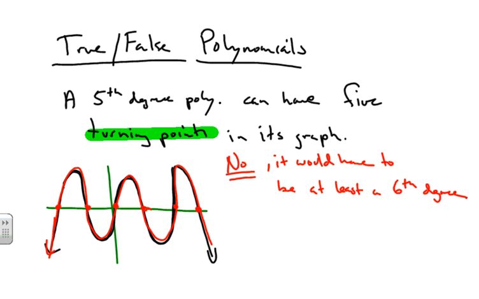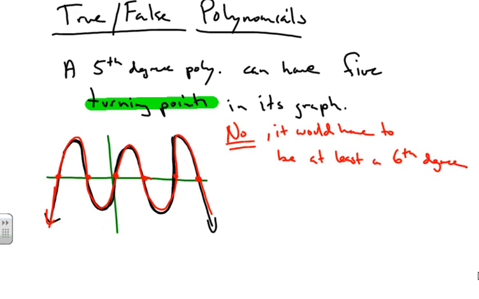Another question that students sometimes have is, is it possible for a 6th degree polynomial to have only 1 zero?